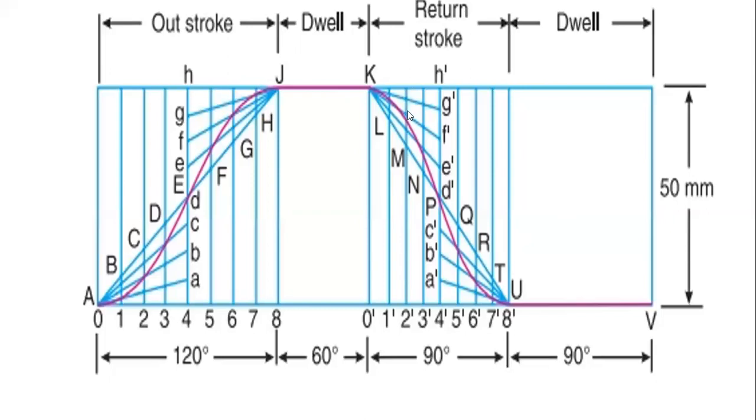draw the intersection points from the vertical and these perpendicular lines. So we have got L, M, N, P, Q, R, T, and U. Draw the freehand curve using these points, drawing a thick line.